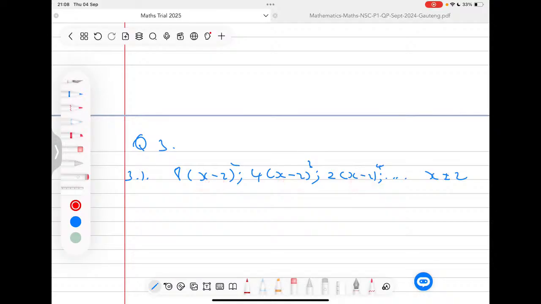Now, if our x becomes 2, it then means this will be a 0, a 0, a 0. Then we'll end up having a sequence that is only made up of terms that are 0. And a sequence like that is not really interesting. There's nothing much you can do with such a sequence. So if x is any number but not 2, we can then have an interesting sequence. We can have different sequences that come out of this.